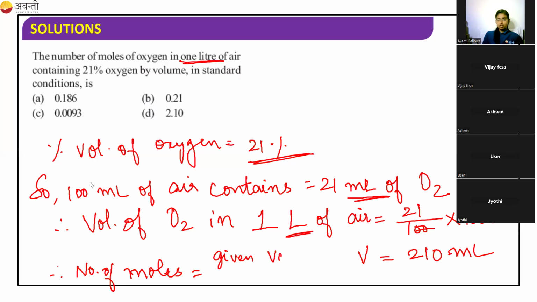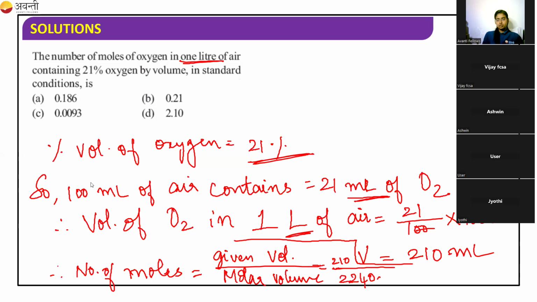It is given volume divided by molar volume. So if I substitute the given volume, it is 210 milliliter. And in terms of milliliter, the molar volume value is constant and it is equal to 22400.